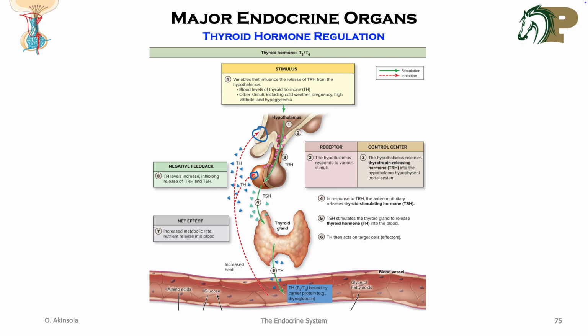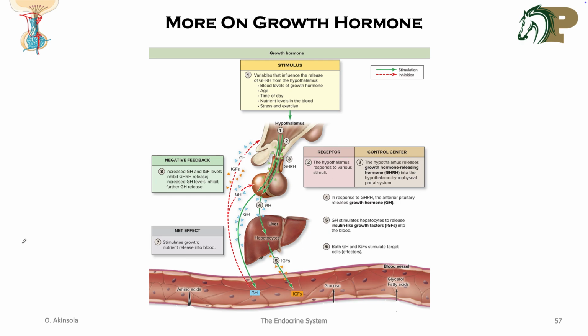Very similar to how, let me scroll back here, growth hormone fed back to shut down the pituitary and the hypothalamus, shut this whole system down. So you see how similar this system is with the releasing hormone from the hypothalamus, the tropic hormone from the pituitary, and then your target cell or target tissue.